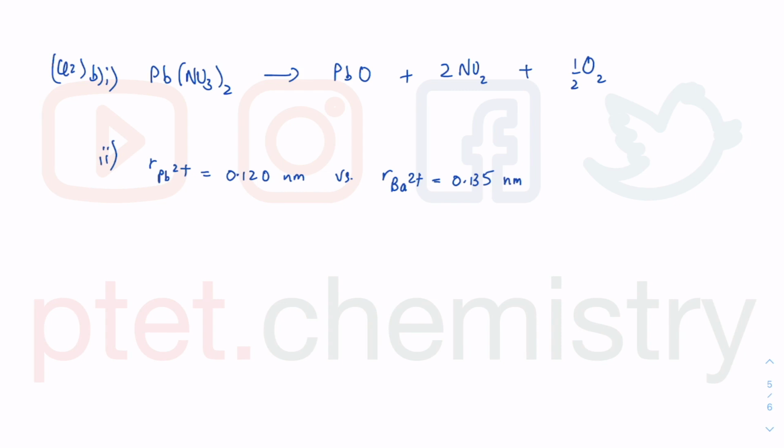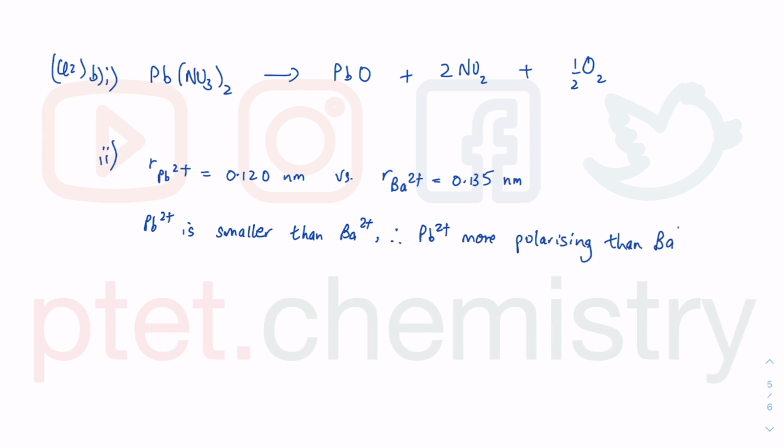So going back to the original question, Pb2+ is smaller, so it's got a smaller ionic radius than Ba2+. I've already used my data booklet and quoted the values for the ionic radius. Therefore, this is more polarizing. They do ask you to explain your answer. So Pb2+ is more polarizing than Ba2+ on the nitrate.